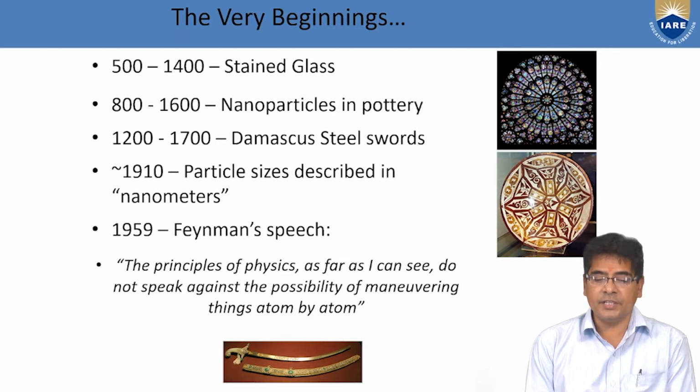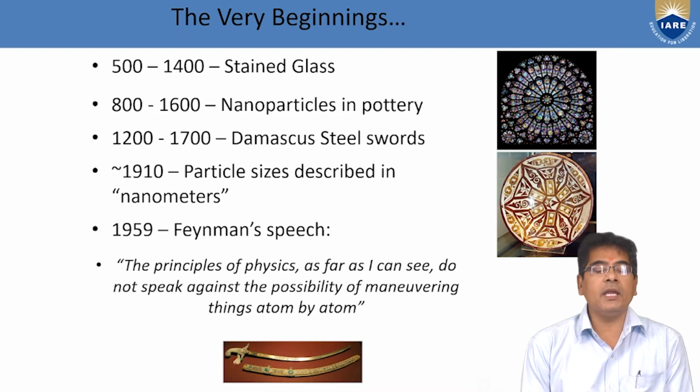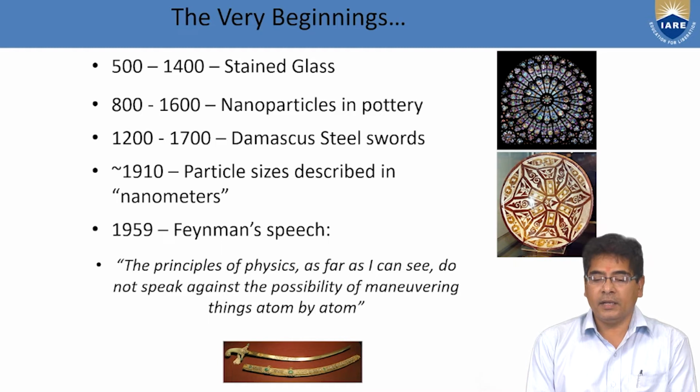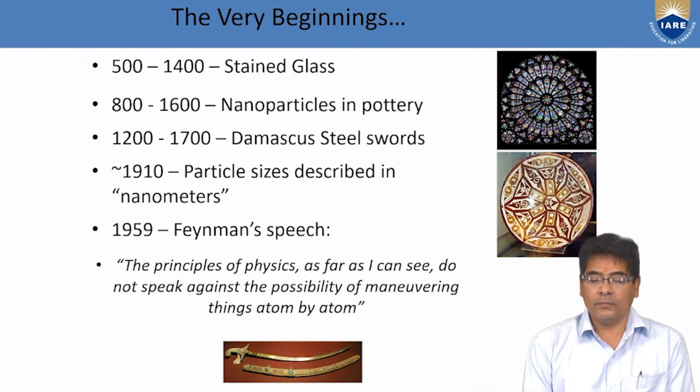In 1960, Richard Feynman presented a visionary and prophetic lecture at a meeting of the American Physical Society entitled "There is Plenty of Room at the Bottom," where he speculated on the possibility and portent of nano-sized materials.